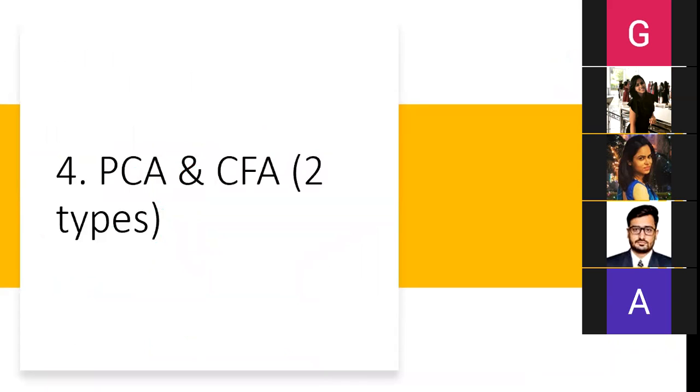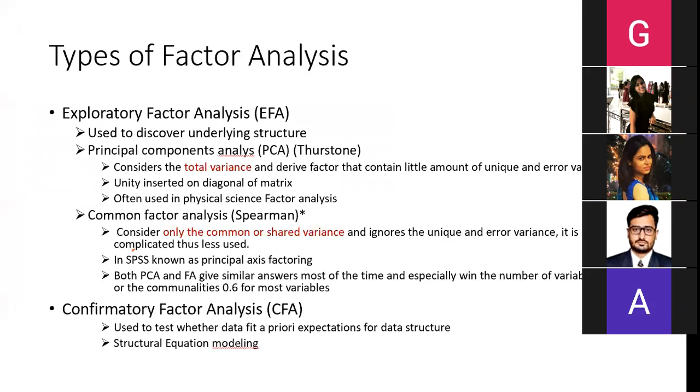So there are two methods of doing factor analysis. One is exploratory factor analysis, under which comes PCA, principal component analysis, and common factor analysis. And one is confirmatory factor analysis, CFA.